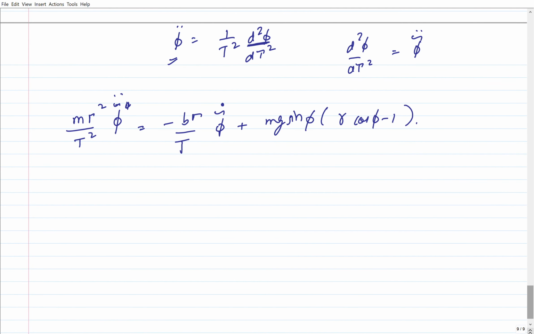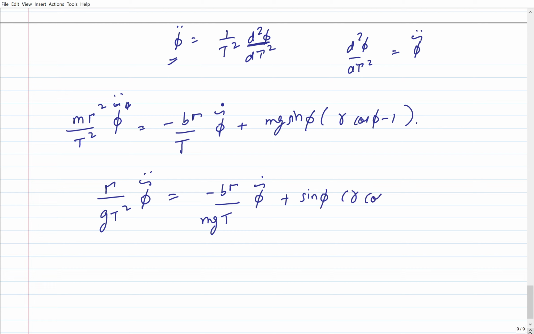So what do I have? I have this guy. I can divide this equation by, let's say, m g. Then I have r over g T square phi dot dot equals to minus b r over m g T phi dot plus sine phi gamma cosine phi minus 1.